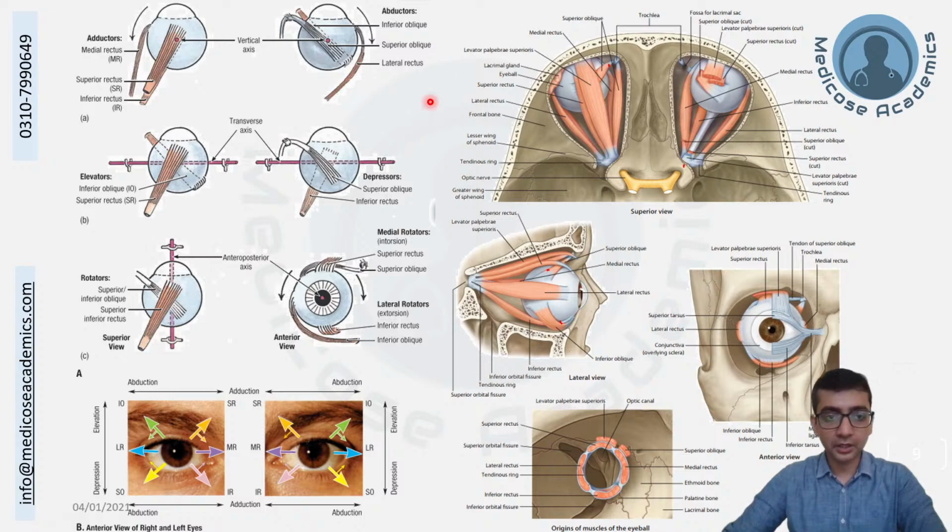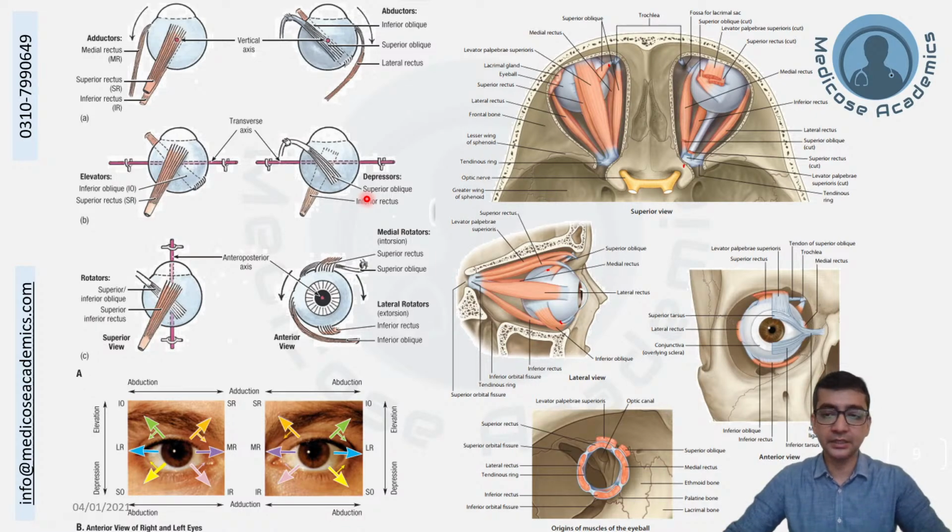So this is about the elevation and depression, and then we are left with the intorsion and extorsion. Both of the muscles that are attached to the superior surface, superior oblique and superior rectus, are doing the intorsion, and both of the muscles attached to the inferior surface, inferior rectus and inferior oblique, are doing the extorsion.